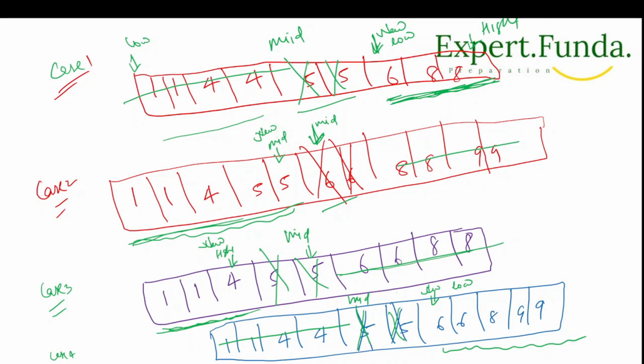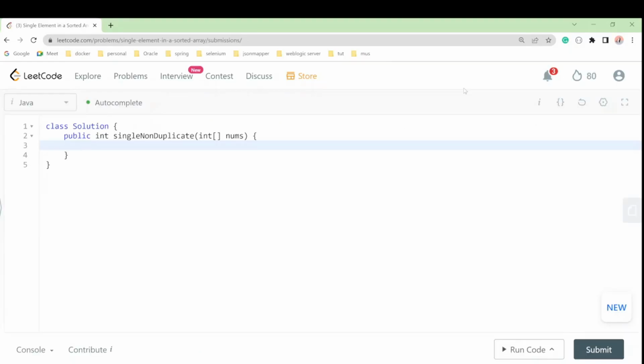Okay, the first thing we have to take is one low, and we'll start from 0. So we take low equal to 0.